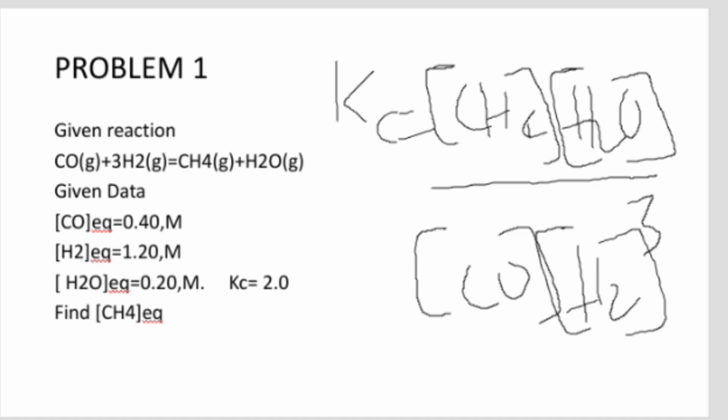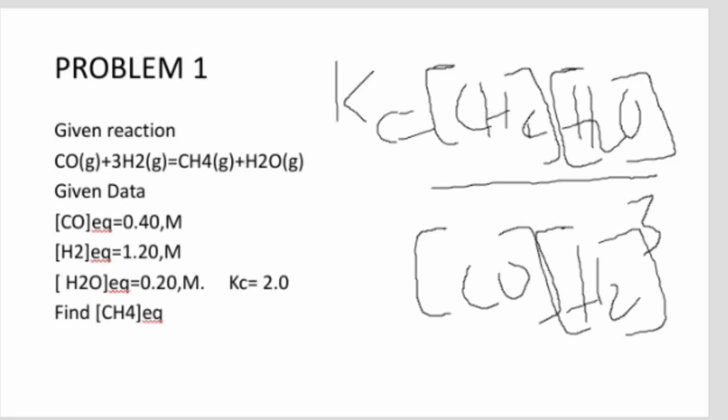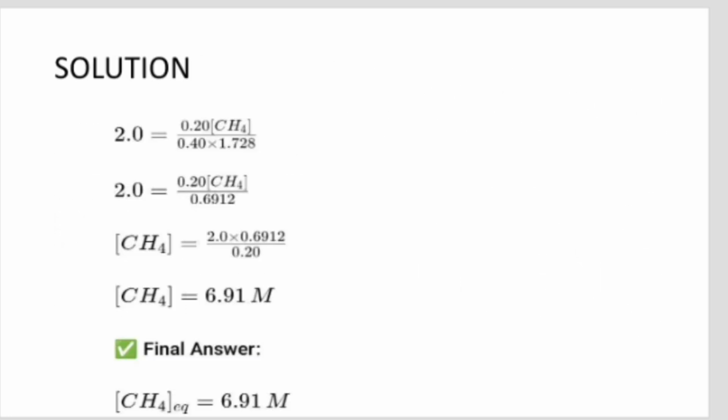When we plug the values, we know that Kc is equal to 2.0, H2O we know that it's 0.2, and CH4 we don't have. We solve mathematically in this way, and at the end we find CH4 to be 6.91.